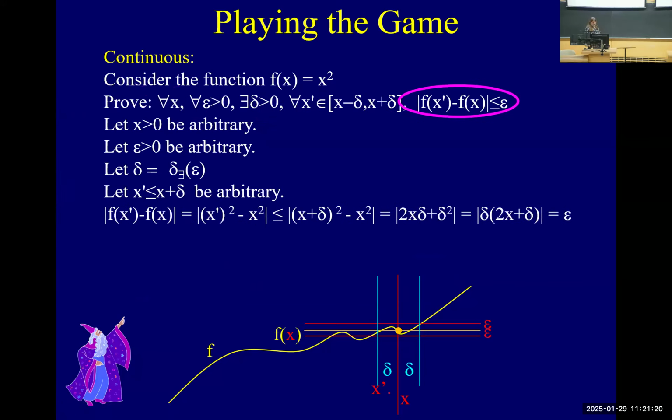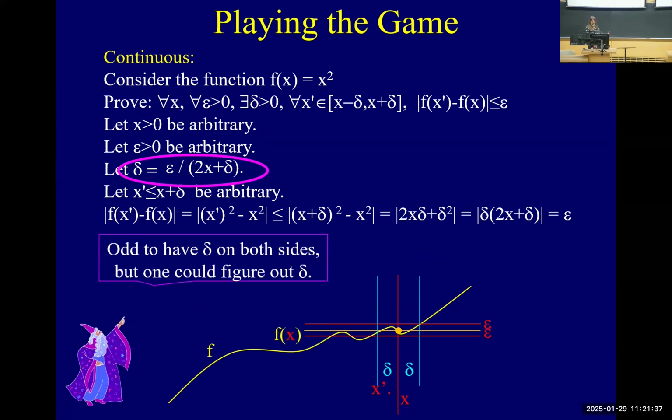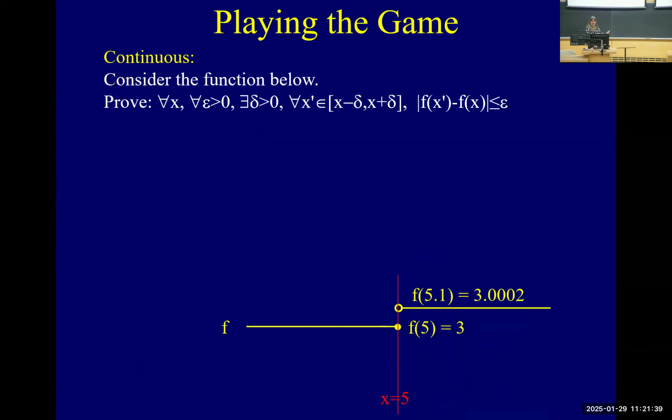So then we have to go through and crunch out the proof. And we see, what do we need? Oh, I can make a delta to make it work. Does that make sense? And that's what we got.